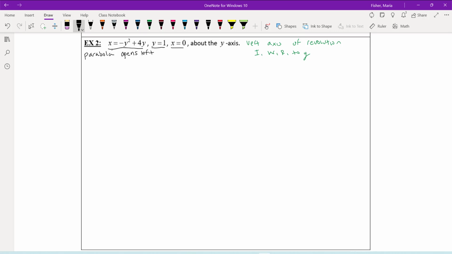I know that it's going to cross the y-axis, so the y-intercepts are going to happen when x is equal to 0, and those are going to be, if I factor out a y, at y equals 0 and at y equals 4. If I wanted to, I could complete the square to find the vertex of this parabola, just so that I could also have that to graph.